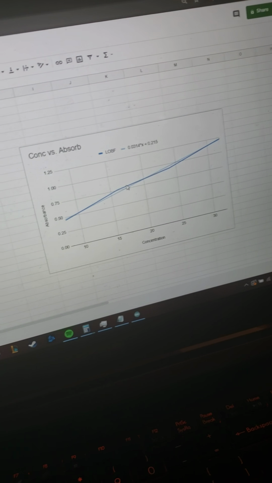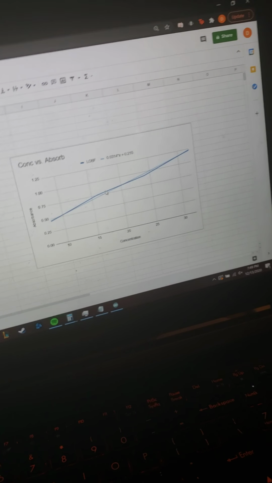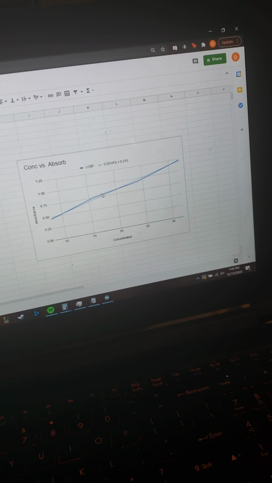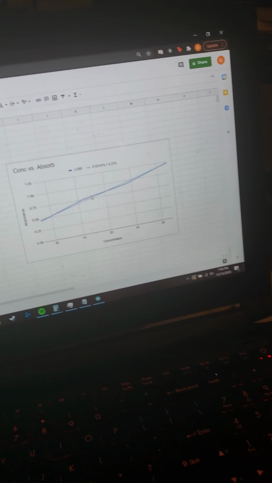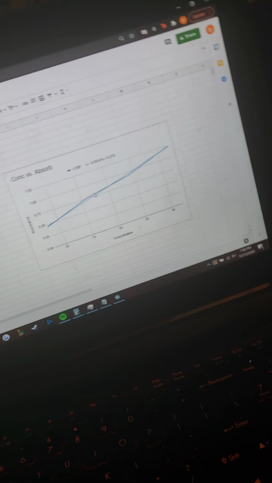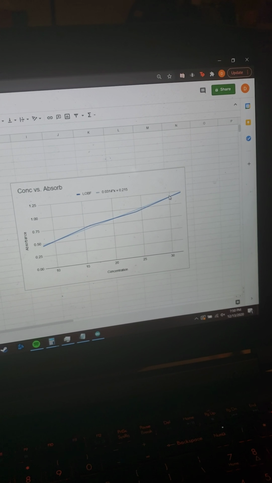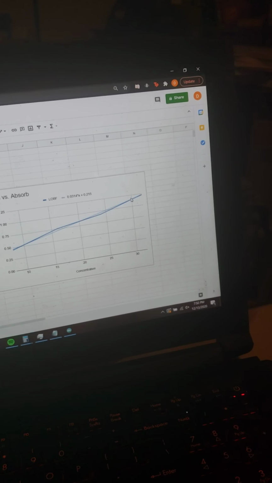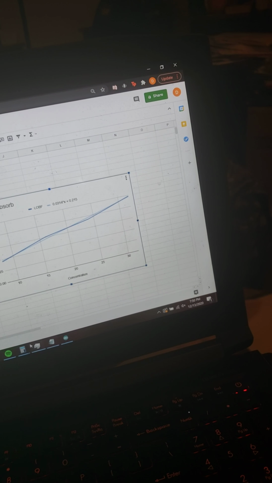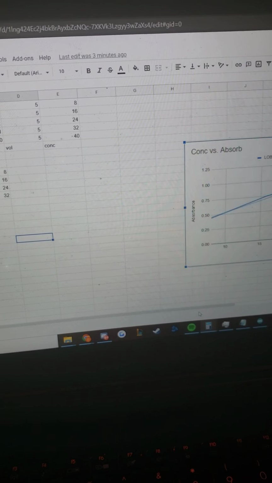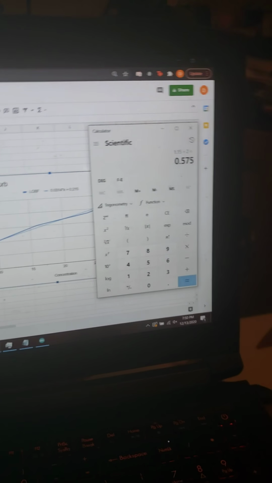So Beer's law states that if we half the concentration, we also have to half the absorption of a stock. And from the data set, say we take concentration of 30 at about 1.15, and we half that, we get about 6.